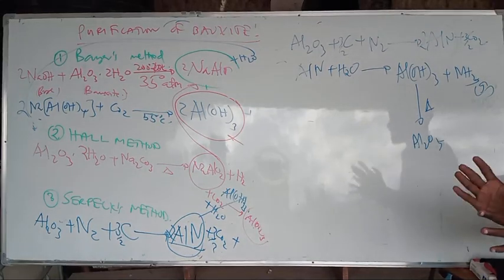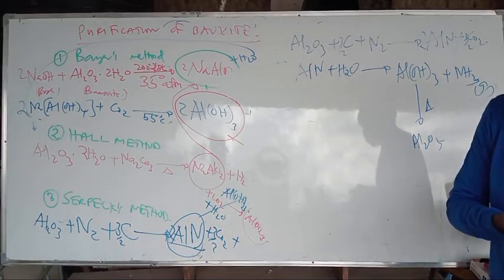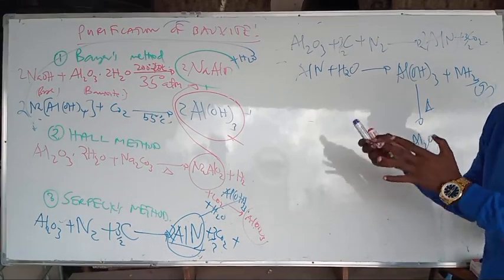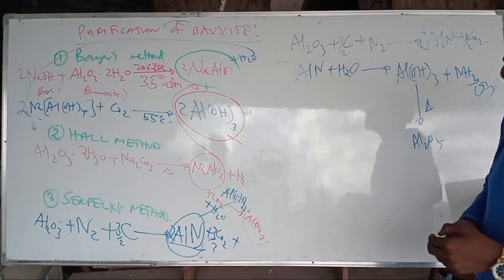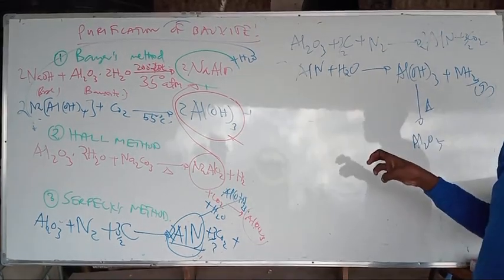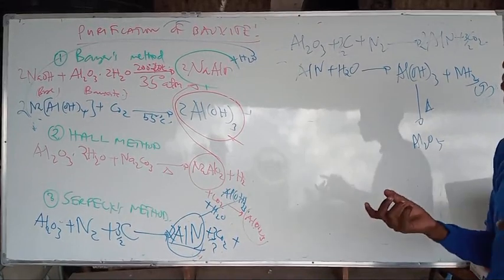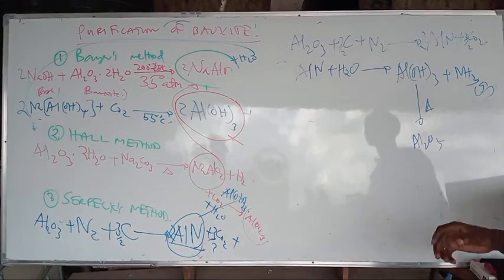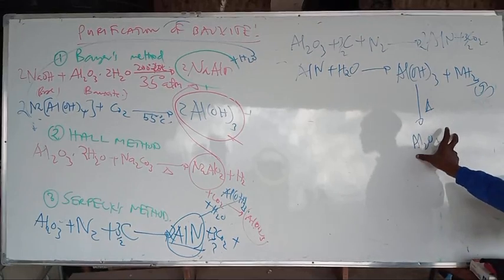Instead, we grind into fine powders, then we concentrate. Instead of concentrating, we just purify the bauxite. That's the step you need to know. After purifying now, we have the pure aluminium oxide.